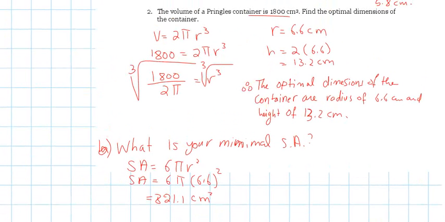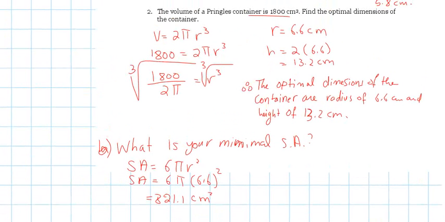Your optimal means minimum surface area, because you don't want to use a lot of material, but you maximize the volume.